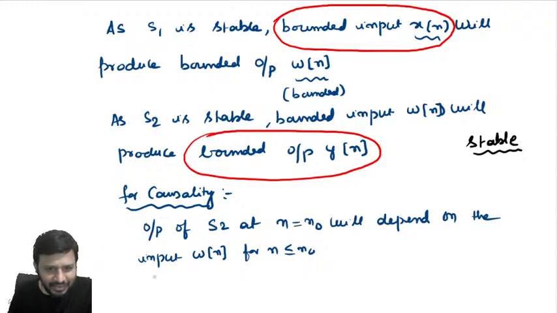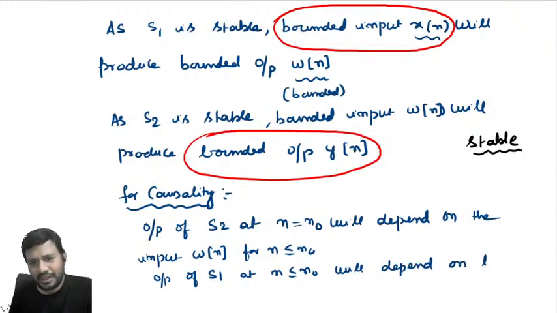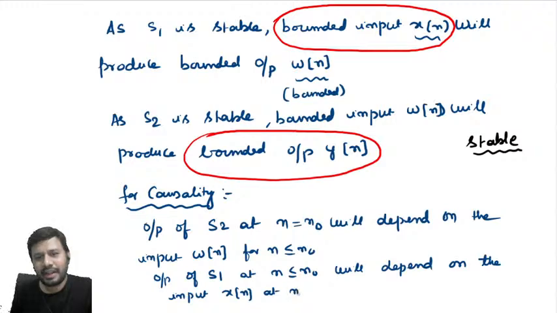Now the output of S1 at n less than or equal to n naught, because S1 is also causal, will depend on the input x of n at n less than or equal to n naught.